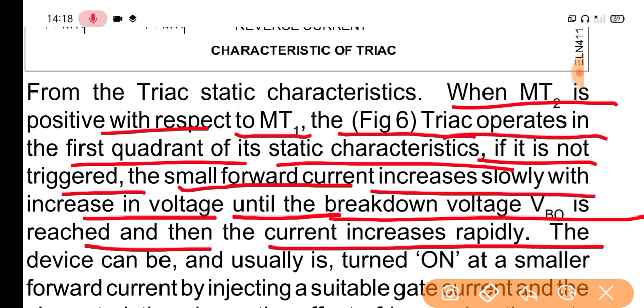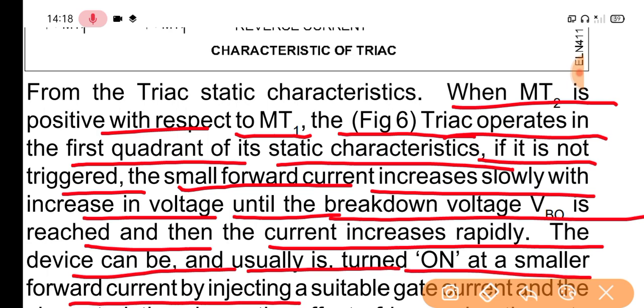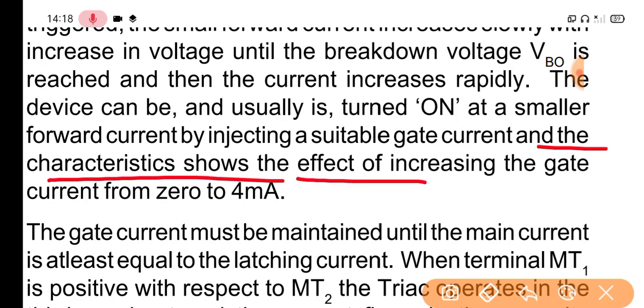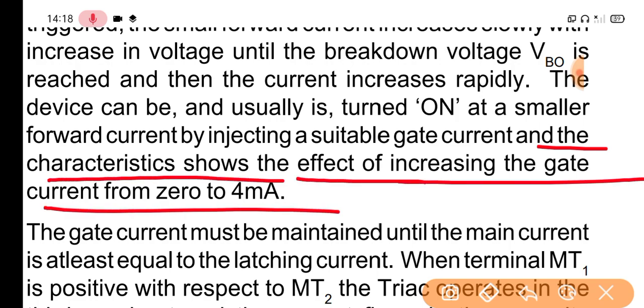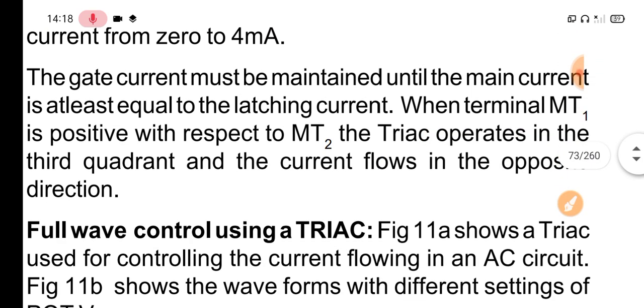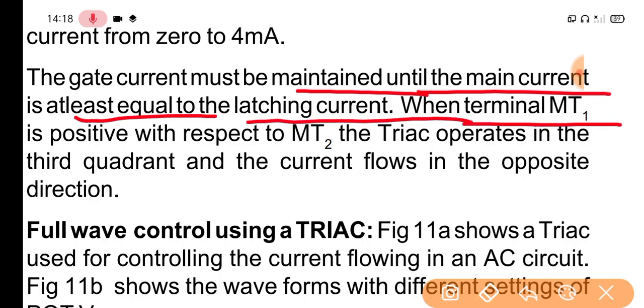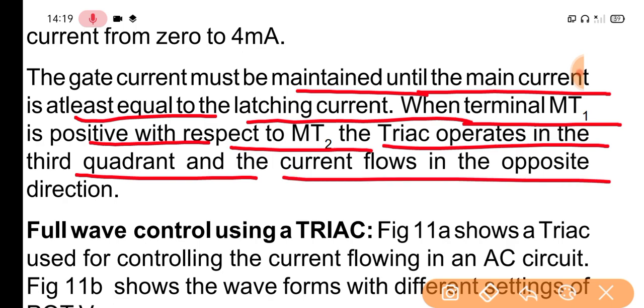The device can be, and usually is, turned on at a smaller forward voltage by injecting a suitable gate current, and the characteristics show the effect of increasing the gate current from 0 to 4 milliampere. The gate current must be maintained until the main current is at least equal to the latching current. When terminal MT1 is positive with respect to MT2, the triac operates in the third quadrant and the current flows in the opposite direction.